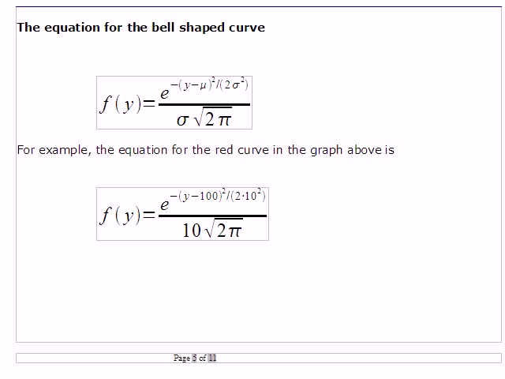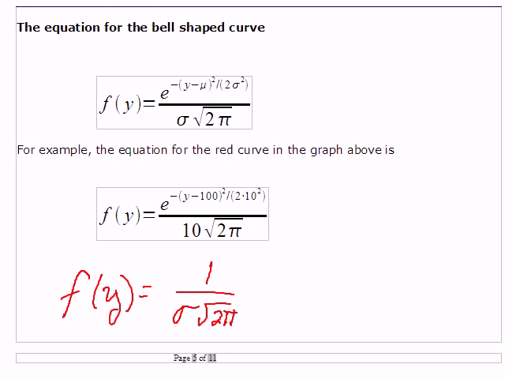Here's the equation for that bell-shaped curve. It looks a little complicated, so I'm going to look at it piece by piece. What we're looking at is the probability density, which I'll write as F, of some arbitrary data value y. There's a normalizing factor out front, which is 1 over the standard deviation times the square root of 2 pi.